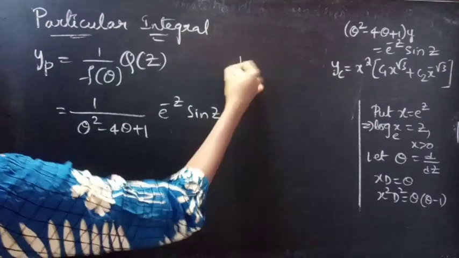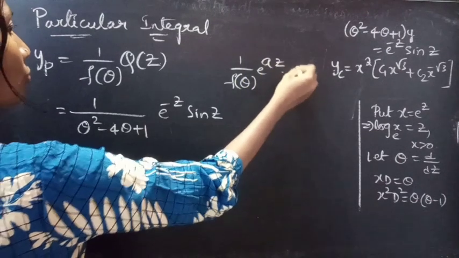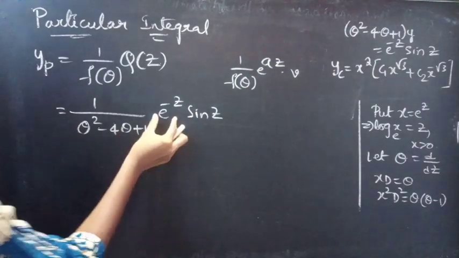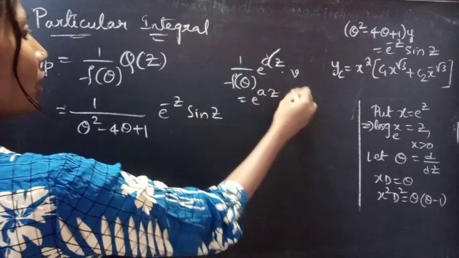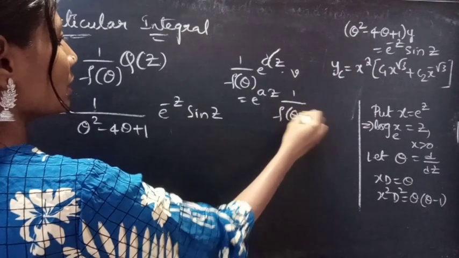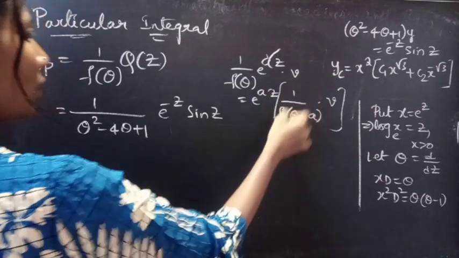So this is of the form 1 by f of theta into e power az into v. Okay, we need to take e power az towards left by replacing theta with theta plus a. And later we'll operate v with 1 by f of theta plus a.